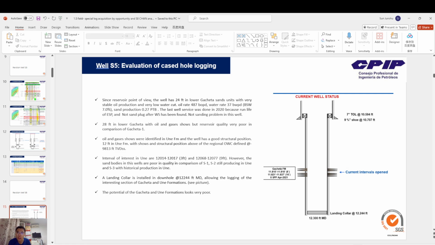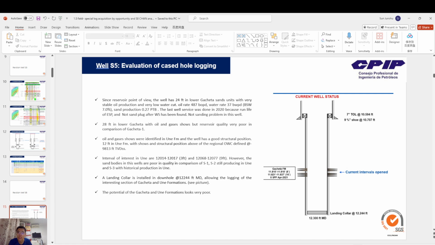Oil and gas shows were identified in Uni formation, and the well has a good structural position, 12 feet in Uni formation, with oil shows and structural position above the regional oil-water contact defined at 9,813 feet TVDSS.